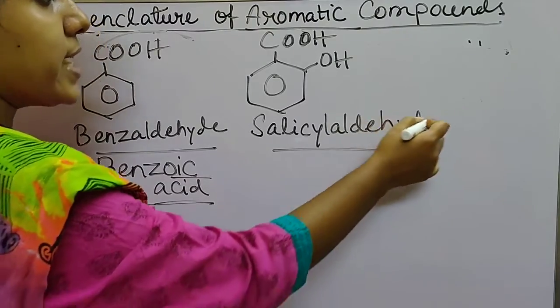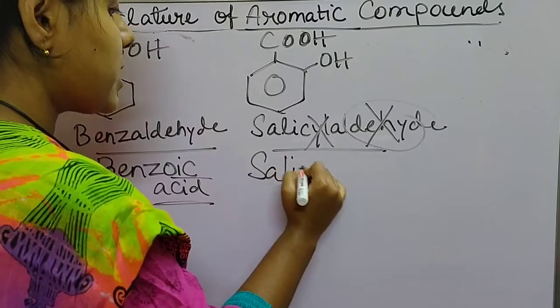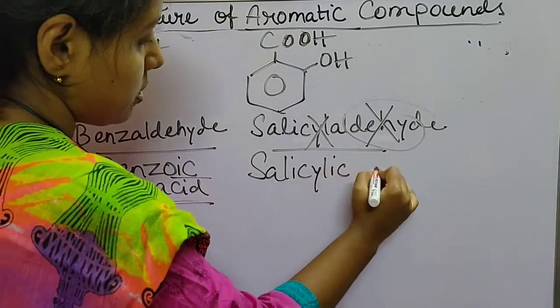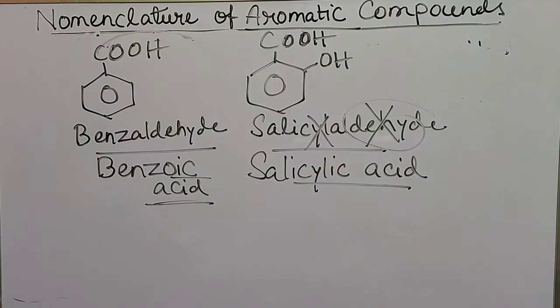Now it is not an aldehyde, so this is an acid and that is salicylic acid. Okay. So these are the examples of them. Next, ketone type of compound could be there also when a COCH3 group is present. Many other examples you could see in the PDF notes.